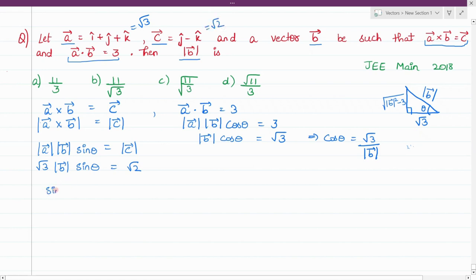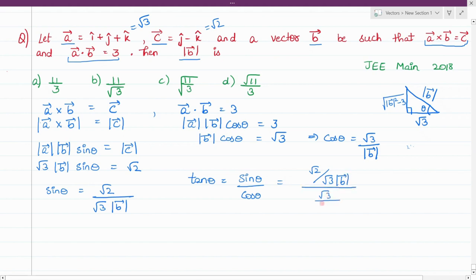So here we'll get sine theta as under root 2 by under root 3 magnitude of B. Sine and cos, we can write tan theta, that is sine theta by cos theta. It becomes under root 2 by root 3 magnitude of B by root 3 magnitude of B. This can cancel. It becomes root 2 by root 3 into root 3, that is 3.